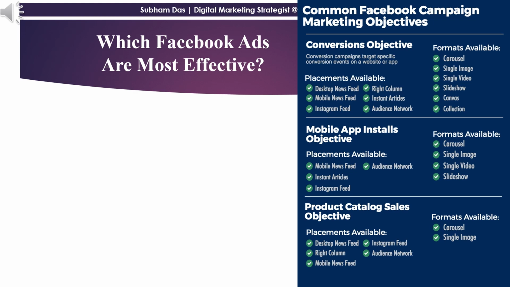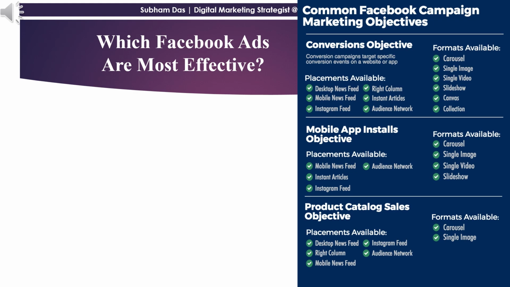All these will lead to conversions on Facebook. If you want mobile app installs, then you have formats like carousel ads, single image ad, single video and slideshow, and they will show up within mobile news feeds or instant articles, Instagram feeds, or audience networks. These are the placements you can show up on for the Facebook ad.